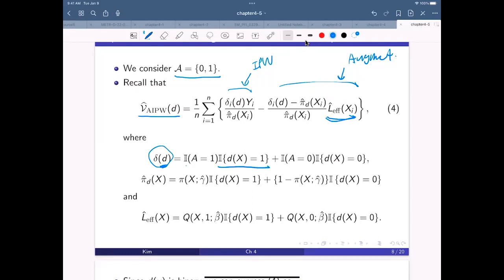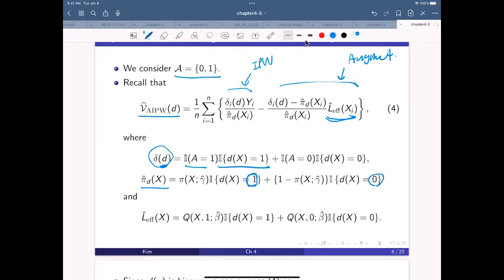So if it's 1 and 1, it's 1; or 0 and 0, it's 1. Otherwise, it's 0. And pi hat(X, D): A can be either 1 or 0.